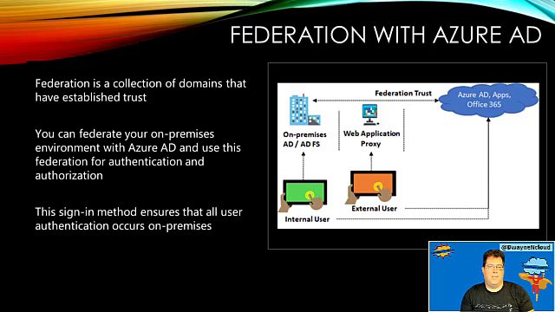It provides that federation to other web applications and services and applications in the cloud. So you can utilize that as well. That provides trusted domains and enabling trust and things like that. It takes a little bit more configuration and potentially management overhead within your organization to set up the federated services. So keep that in mind.